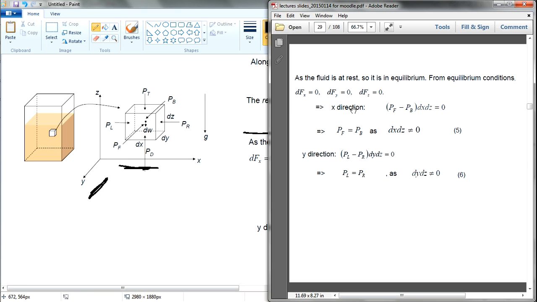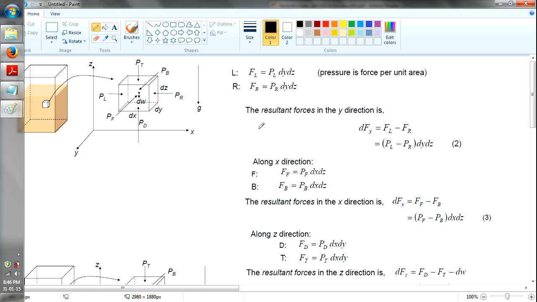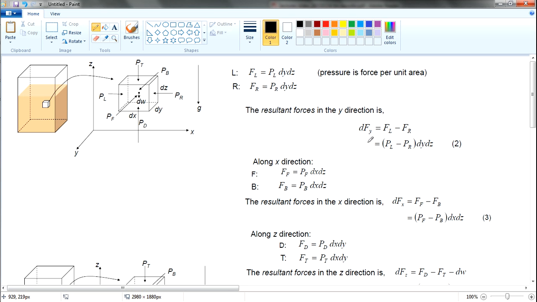And therefore, if you remember the equation just now, in the x direction the resultant force can be described using this formula, which equals 0. So if dy and dz are not 0, then PL minus PR is equal to 0.